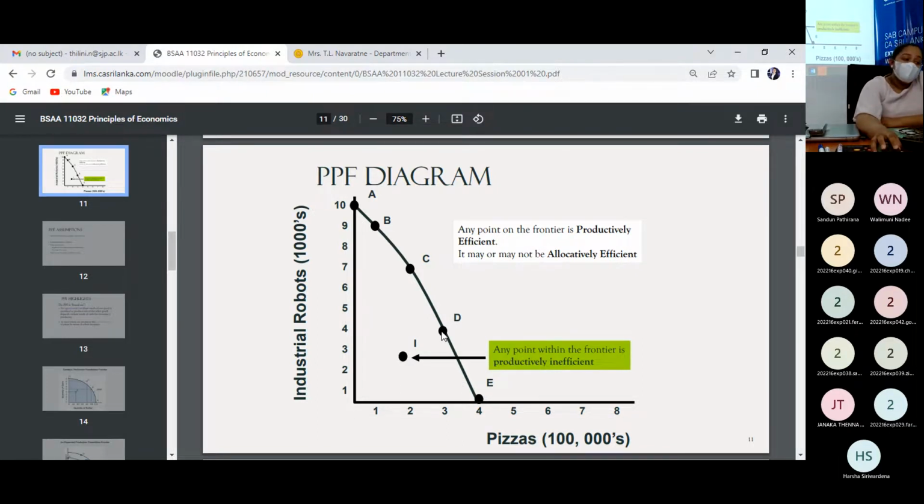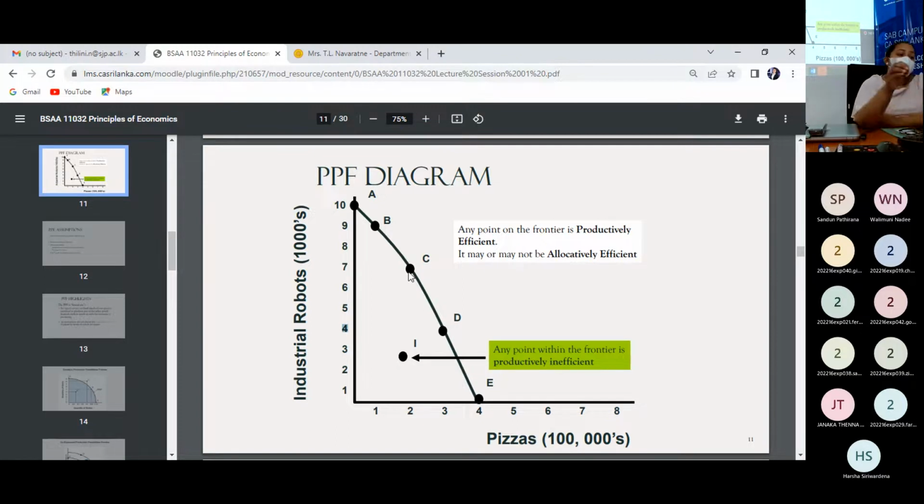D. Can somebody tell me what the combination in D is? Chandlakanti, are you there? What's the combination in D? We produce 300,000 pizzas and 4,000 robots. Very good, right?